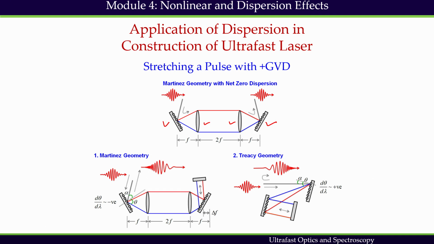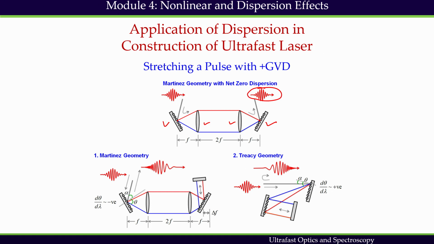If the pulse enters this grating pair, then because the gratings are at the focal points of these two lenses, the different color components will not experience different path lengths, and that's why we'll get back the transform-limited pulse.